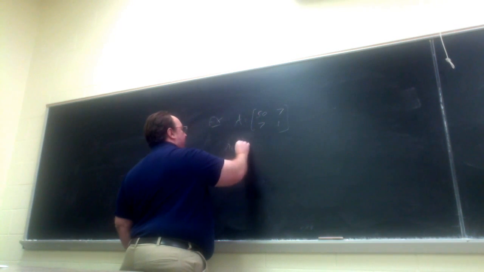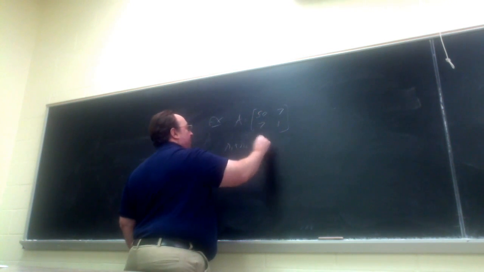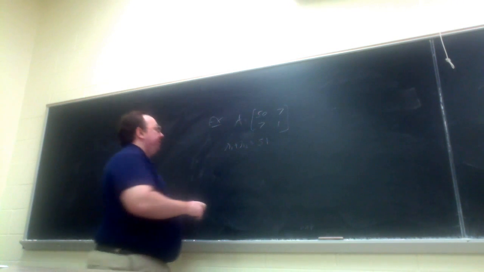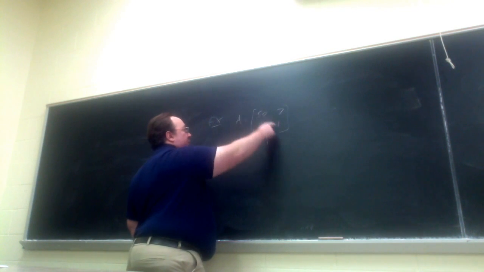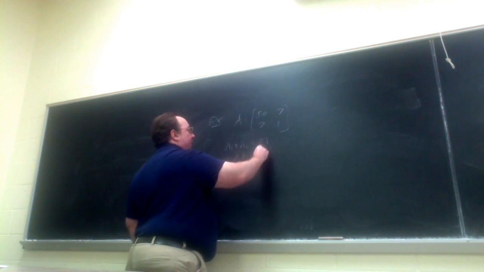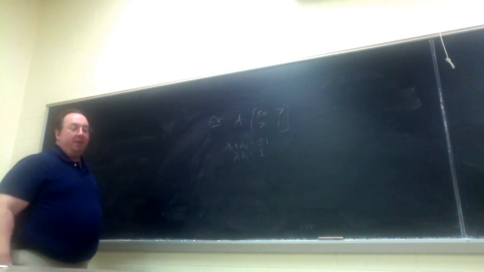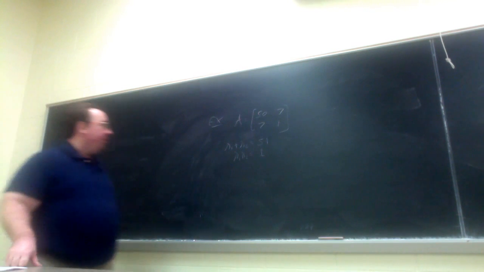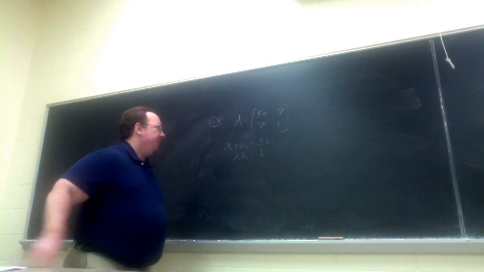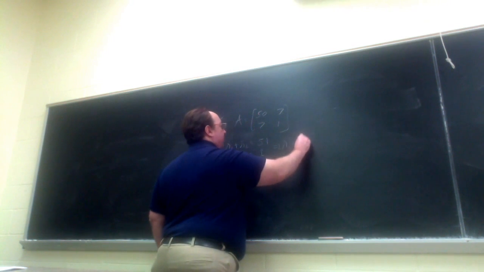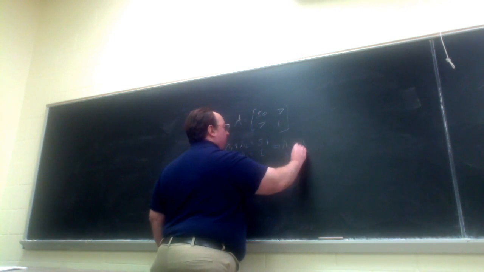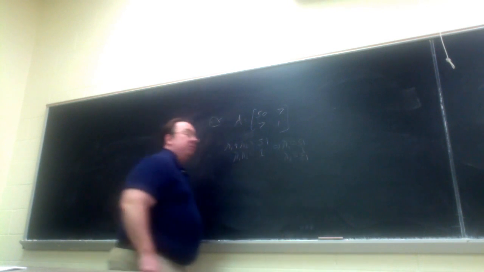The sum of the eigenvalues is the trace, the sum of the diagonal entries, so it's 51. The product of the eigenvalues is the determinant, which is 50 minus 49, so it's 1. So one of the eigenvalues is approximately 51, the other is approximately 1 over that, to make sure that the product is 1.